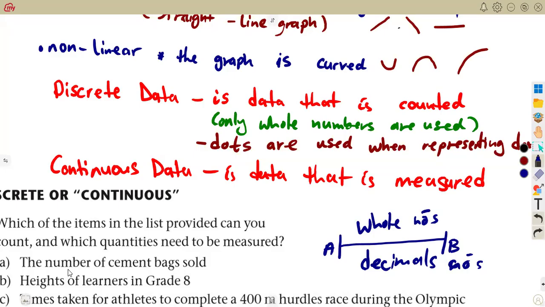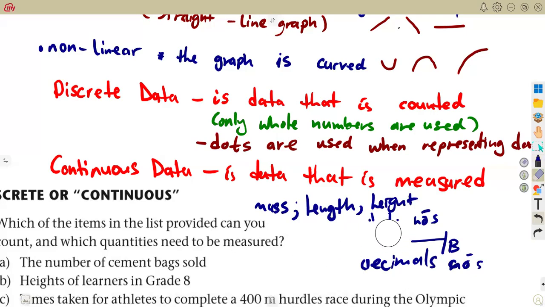Anything that you can measure, is it weight? You can measure weight, the mass, length. These things can be measured. That's continuous information. Talk of the height. There are so many things that you can measure. Not counted.